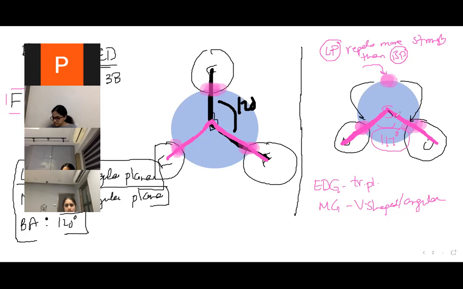So this angle will be slightly inside, like the angle will squeeze. Instead of exactly 120, it will be slightly inside, like this. So it's 117, not 120. Any questions? No, sir. So whenever there is a lone pair of electrons, remember that the bond angle will be slightly less than the standard one, when everything is the same.